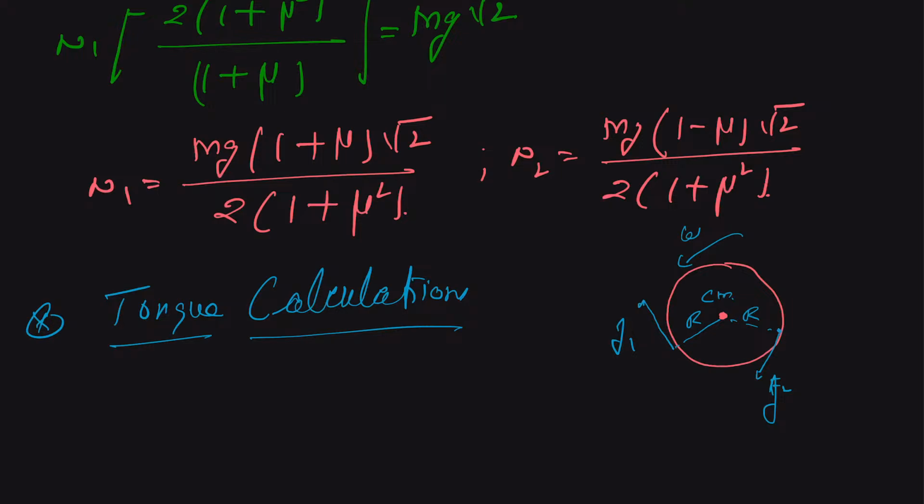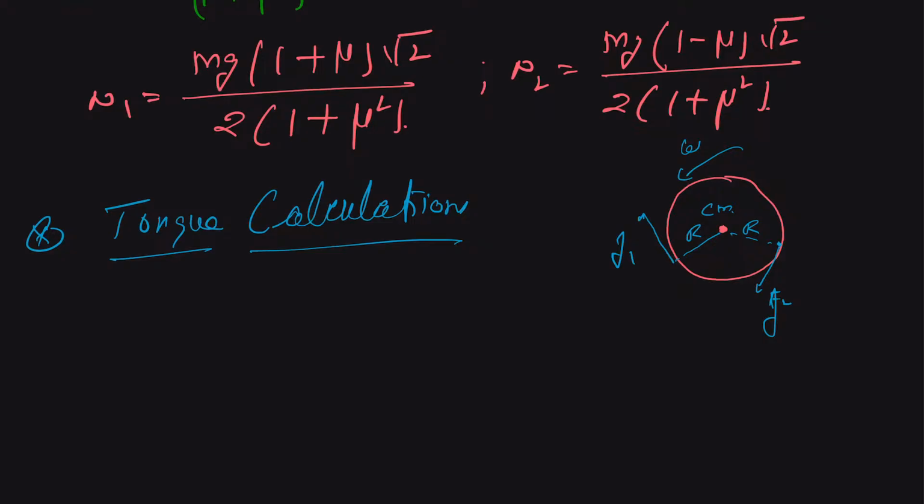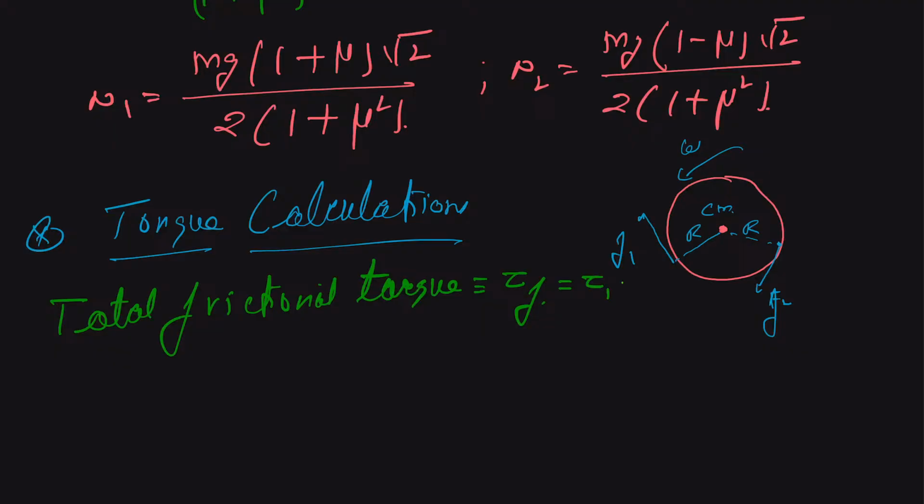So we can say that the torque due to frictional force, let us call this total frictional torque tau f, will be equal to the torque because of the first frictional force plus the torque because of the second frictional force.